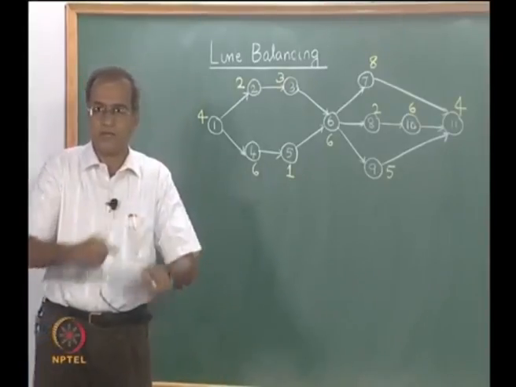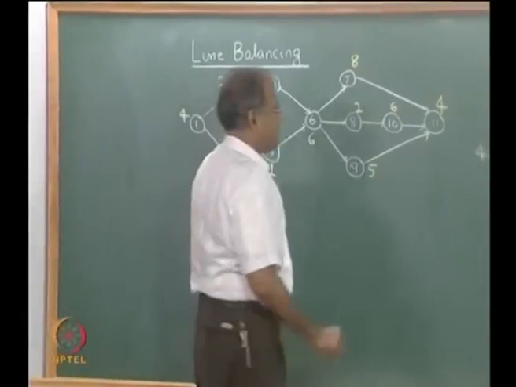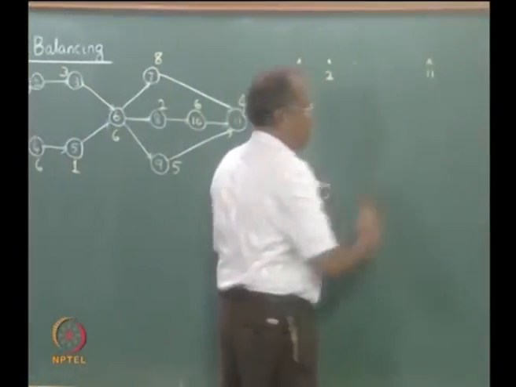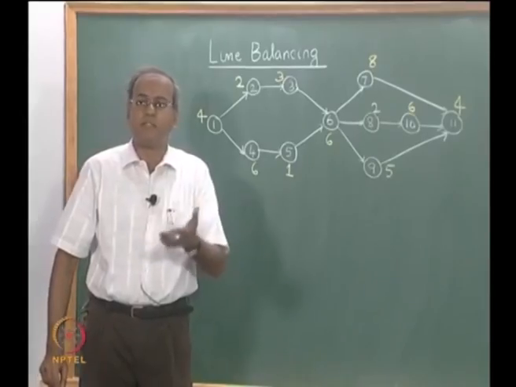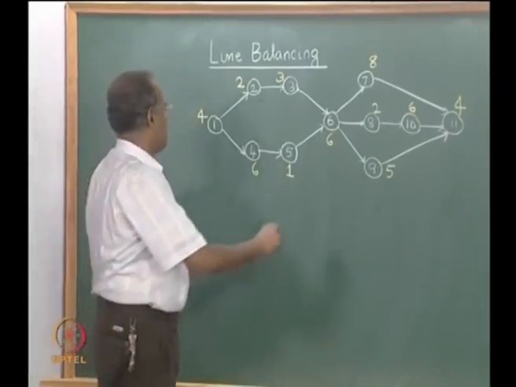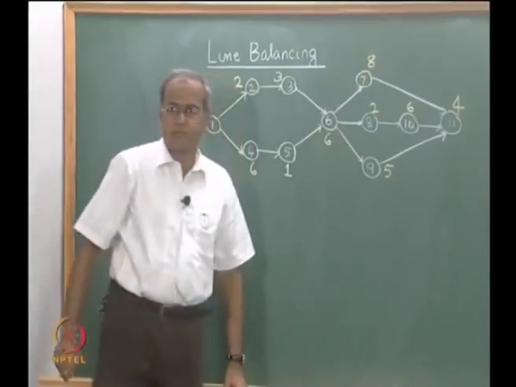So, if we have 11 benches or workstations with say 11 operators and each person carries out one activity, then the first unit will come out at time equal to 47, but at steady state the output of the system will be determined by the bottleneck, which will be the maximum of the individual assembly times, which would be 8 units.